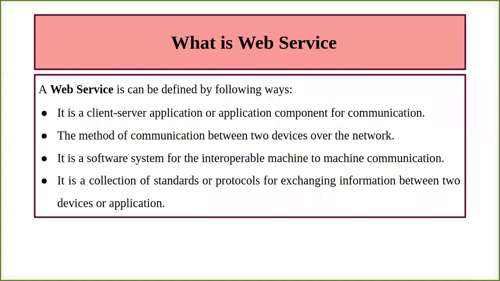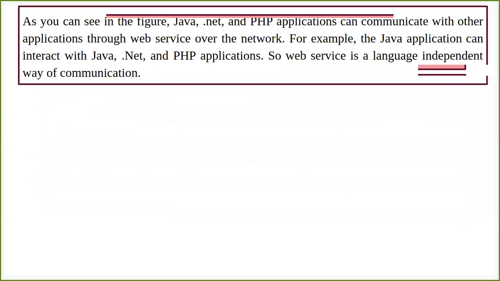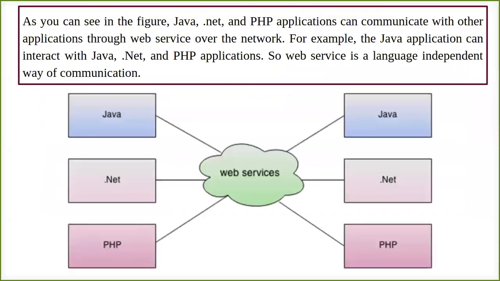And it is a collection of very good standards and protocols which help the systems exchange information. Now, in this diagram, we have a number of languages available at both ends, and we have web services in between. The web service makes Java communicate with PHP.